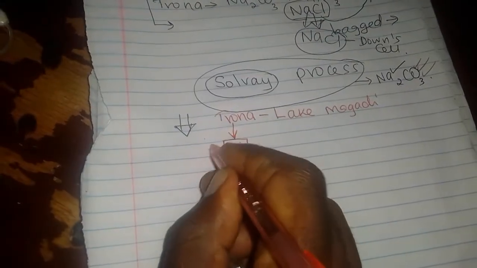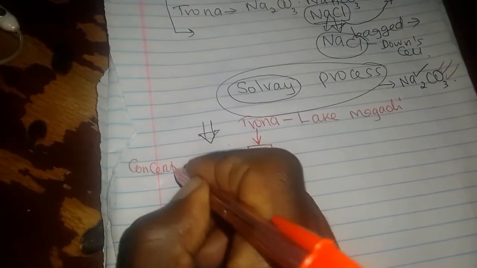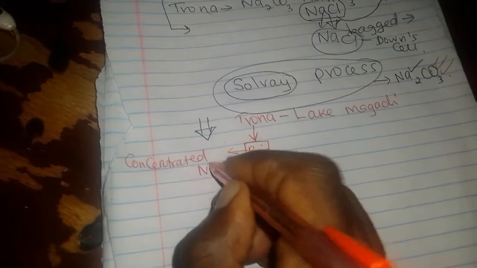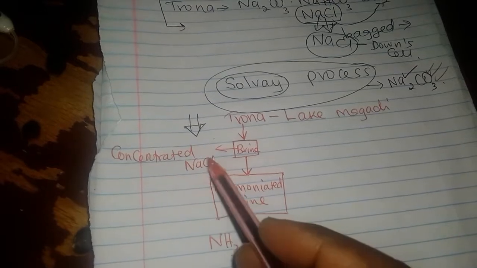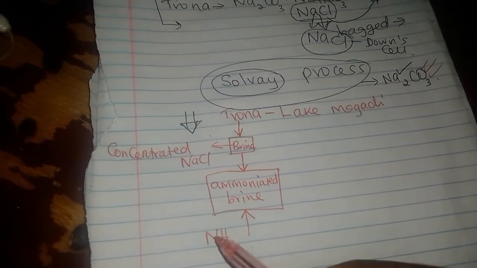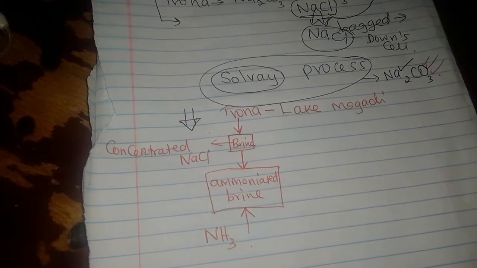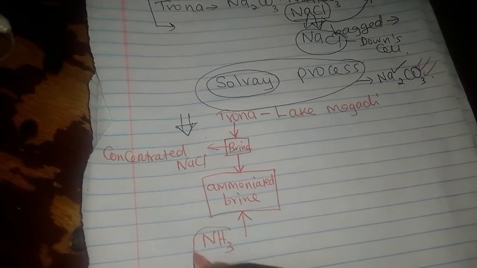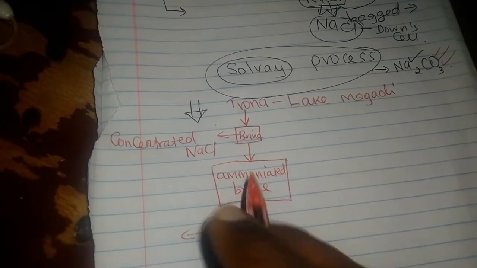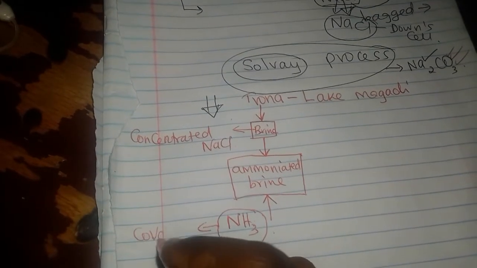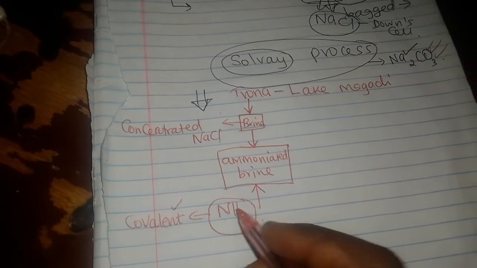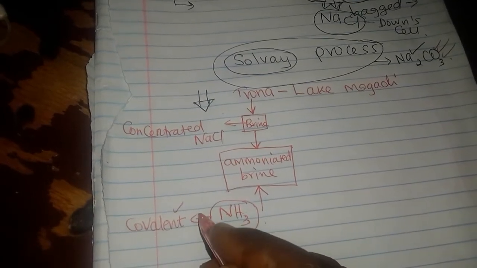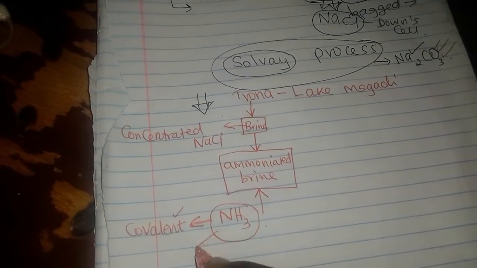This brine, I've told you, is concentrated sodium chloride. Then we have NH3, 1 nitrogen and 3 hydrogen atoms, strongly bonded by a covalent bond. Why is it a covalent bond? Because both are nonmetals, so they share electrons equally. This is ammonia.